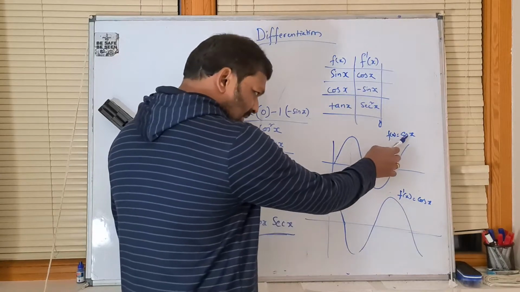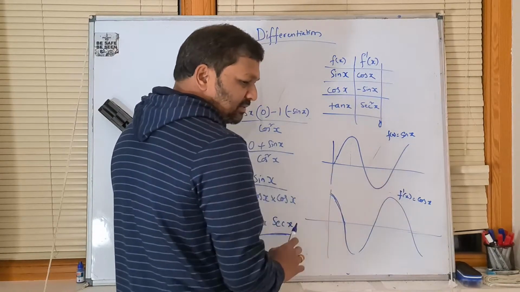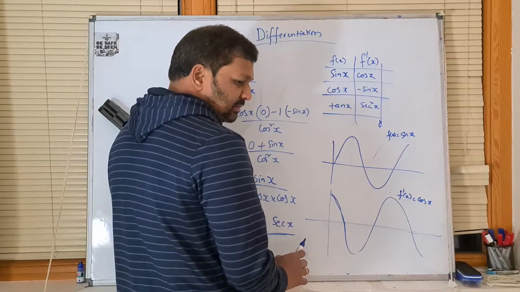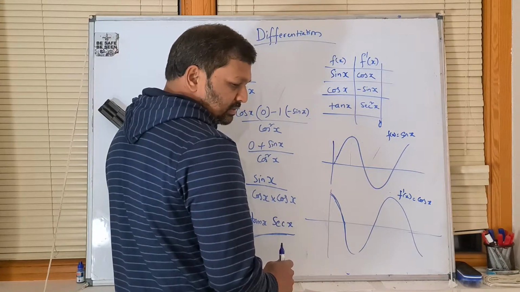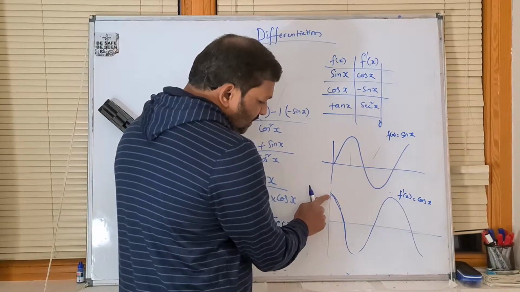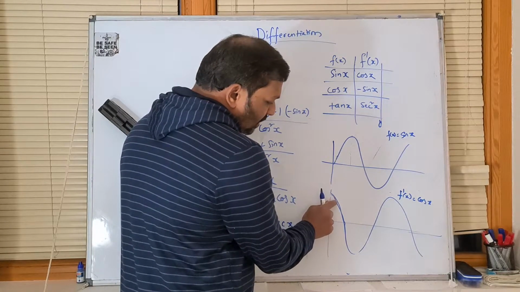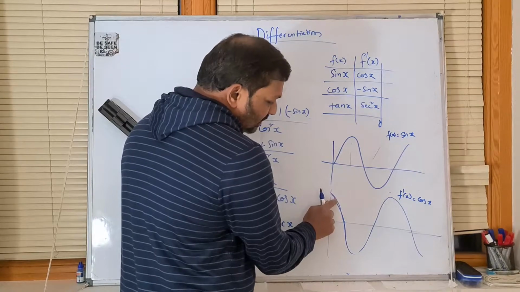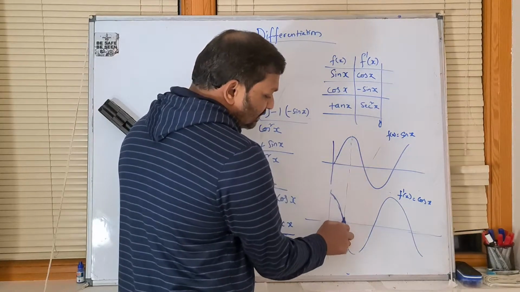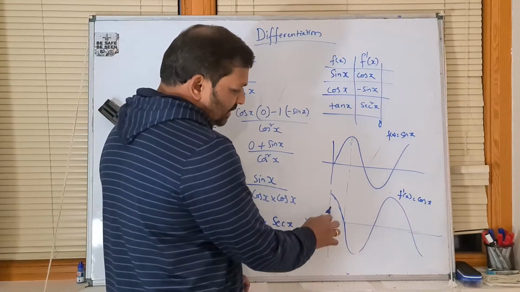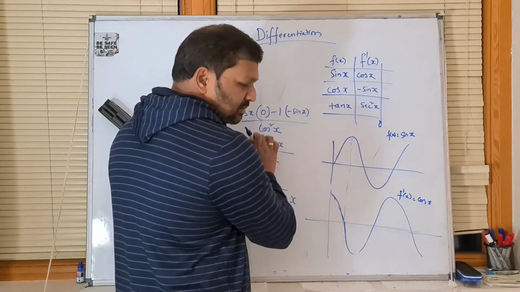No, this is the original function. This is the differentiated function. The slope of sine is very high at the start, and as you go down, the differentiation decreases, and at this tip it becomes 0. That is why this is the differentiation of this one.